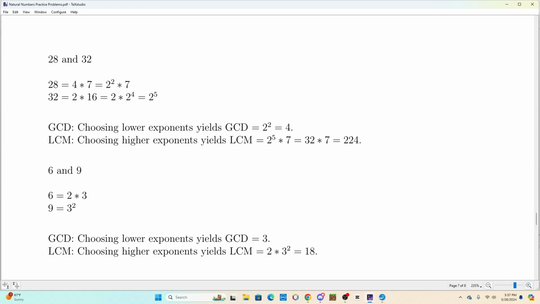For 6 and 9, same idea with 2 not dividing into 9 at all. The GCD is equal to 3, and the LCM equals 2 times 3 squared equals 2 times 9 is equal to 18.